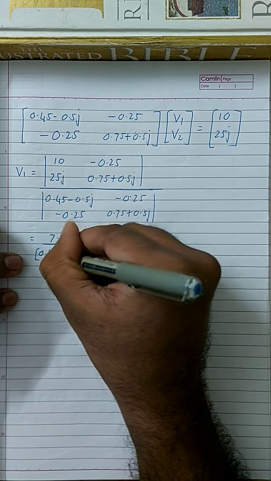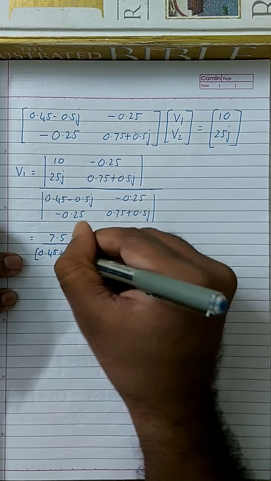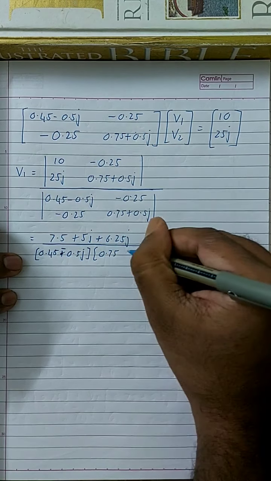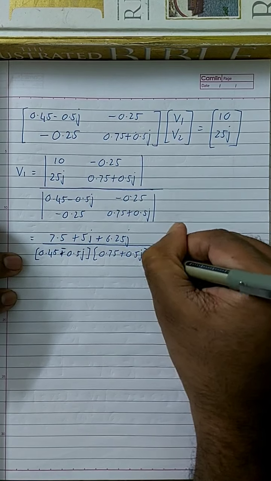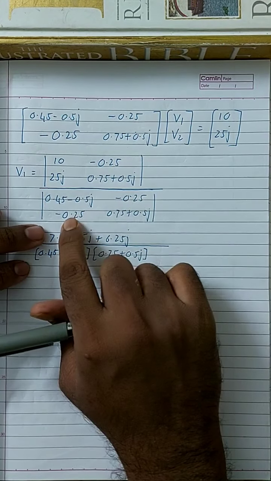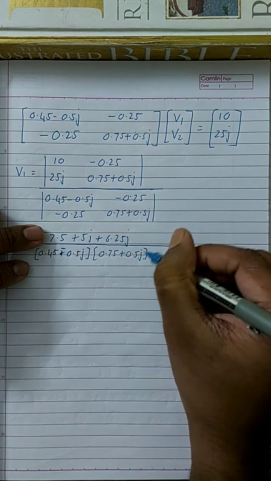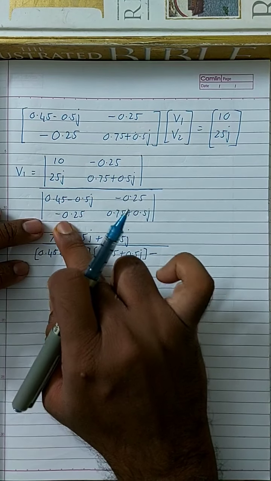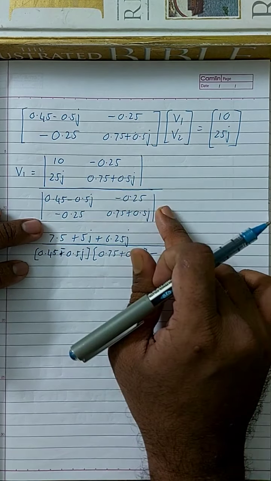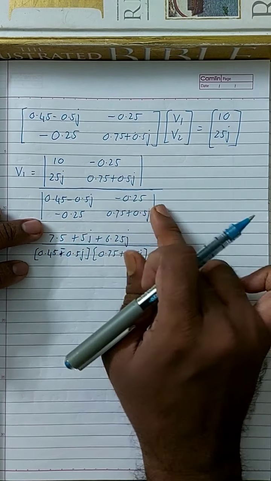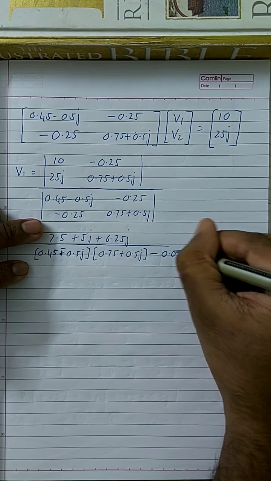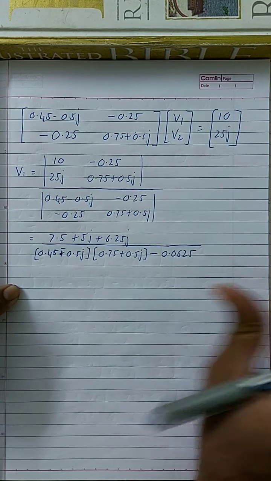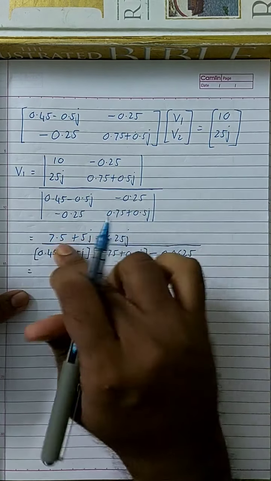The denominator is 0.45 minus 0.5j into 0.75 plus 0.5j, and this is nothing but minus, so this is minus itself. 0.25 into 0.25, 25 into 25 is 625, and you need 4 decimal places, so it will become 0.0625, right?